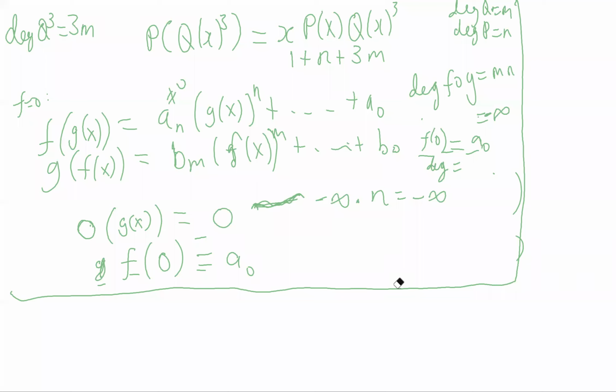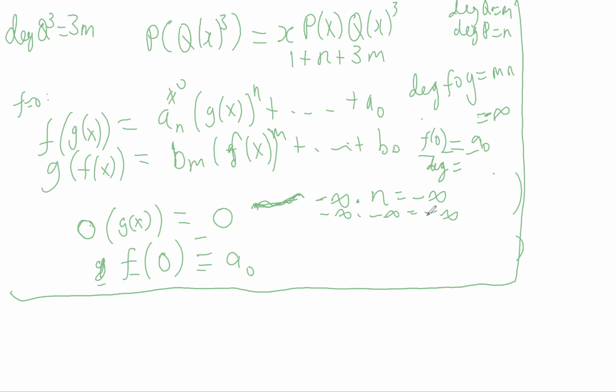This one, what's this one saying? So if f is non-zero, well, obviously negative infinity times negative infinity should equal, well, that's the problem, isn't it? That shouldn't equal negative infinity, but it does. Okay.